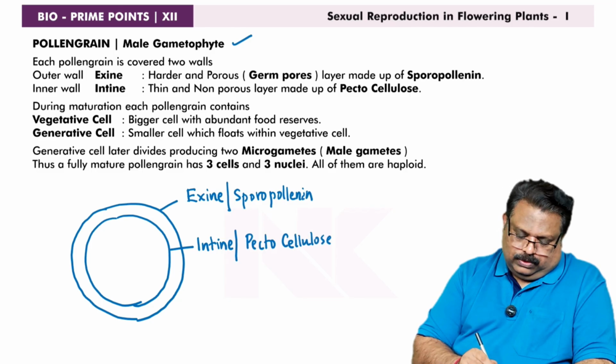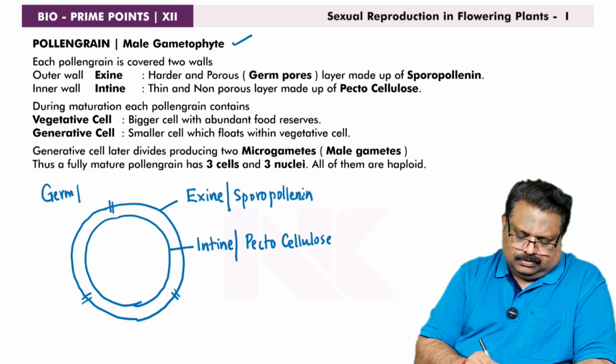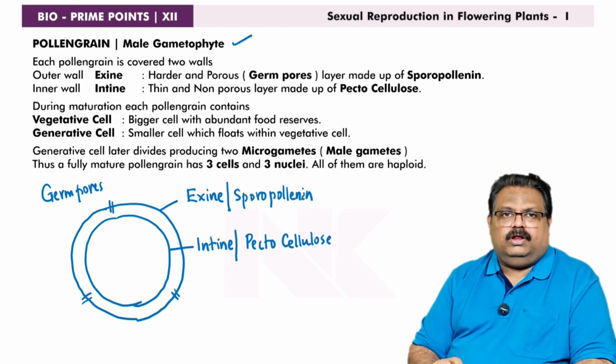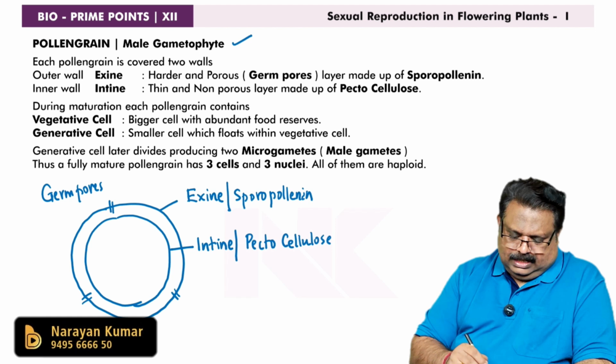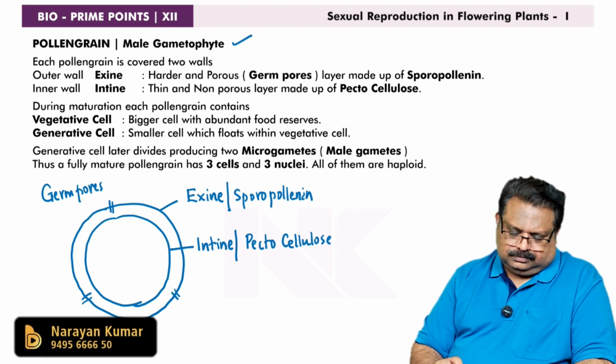The exine is porous. Some openings are there. The openings present in the exine are called germ pores, where sporopollenin is absent. But intine is non-porous.